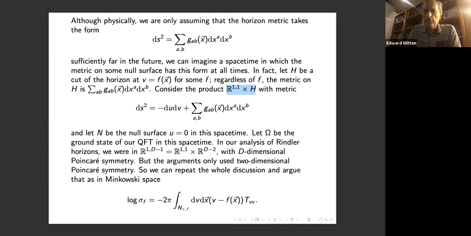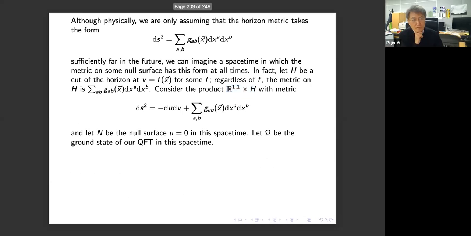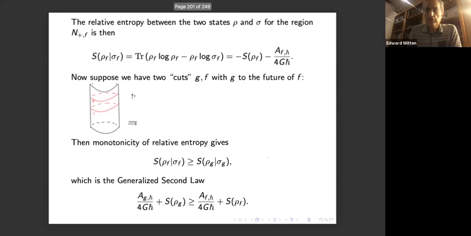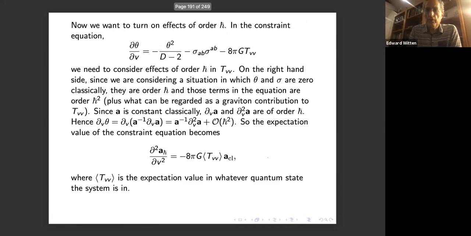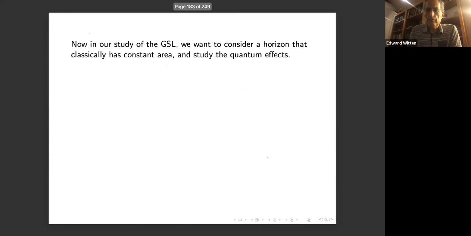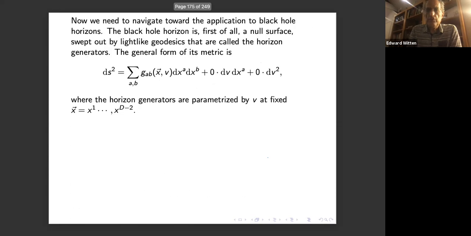So for example, if you consider the cosmological horizon of an observer in de Sitter space, it's actually stationary. In other words, the metric of the horizon has exactly the form I said, with the further property that it's independent of V. If it depends on V, then the Raychaudhuri-Sachs constraint equation says that the area is increasing, and then the generalized second law is trivial.